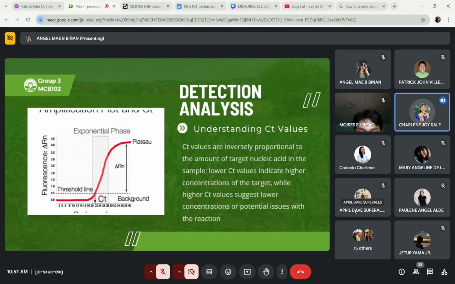Higher CT value, daghan na cycle, suggests a lower concentration of the target sequence in that sample. So, it requires a lot of cycles in order to detect the target nucleic acid. So, it has lower concentration.